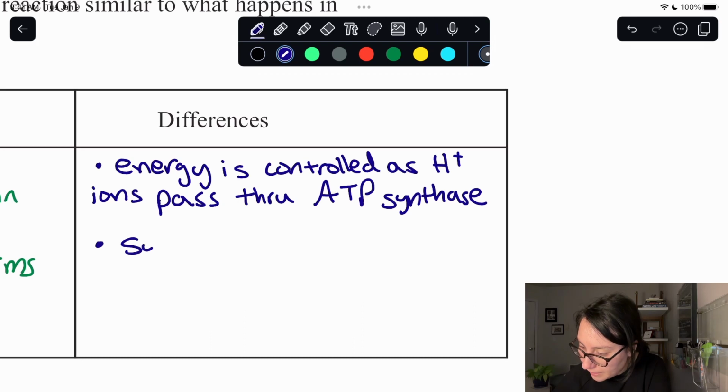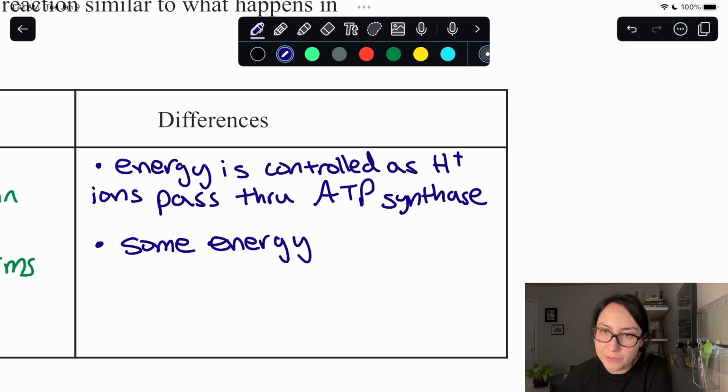And then some energy, which again for my Gen Chem students is probably going to sound pretty familiar, some energy is released as heat.